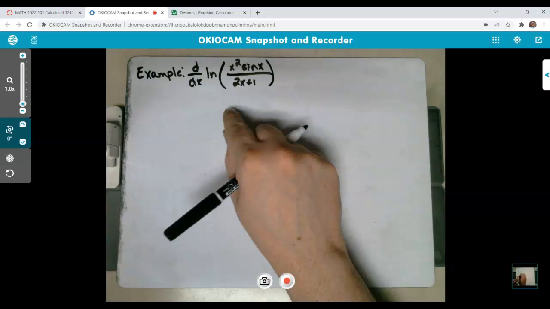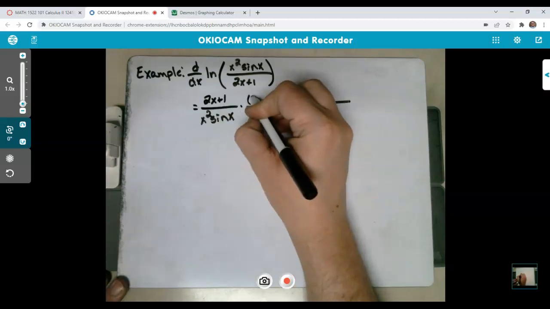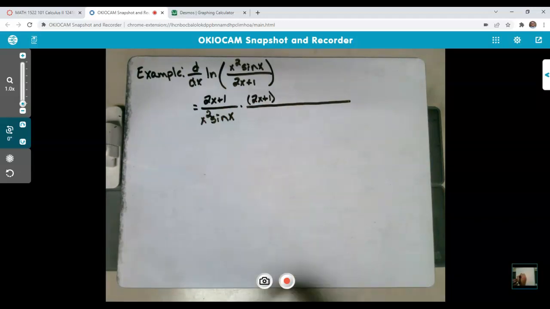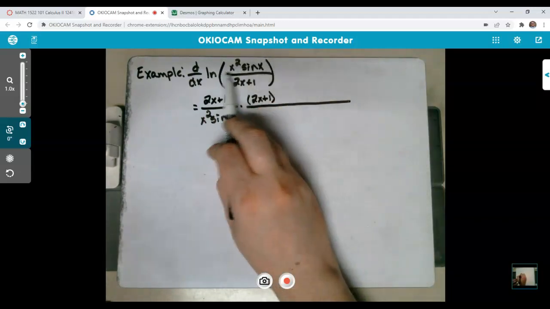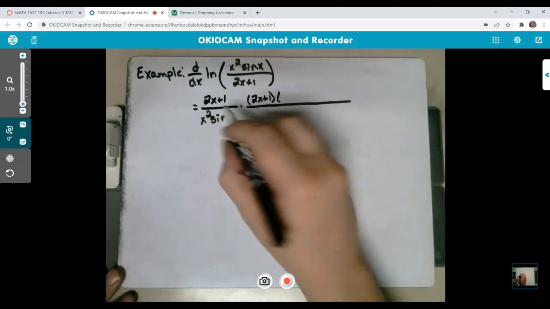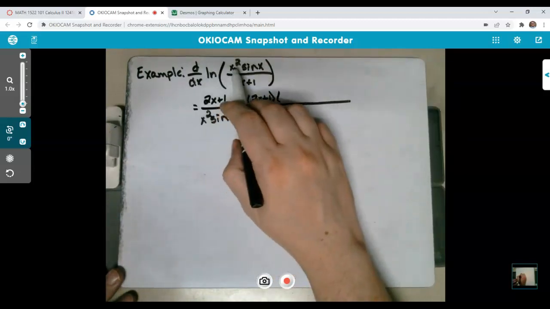So it's low d high, minus high d low. Low means the denominator stays, 2x plus 1. D high means I'm going to do the derivative of the top part. This is a product, so I need the product rule, which states I'm going to do the first part. The derivative of x squared is 2x. Leave the second part.